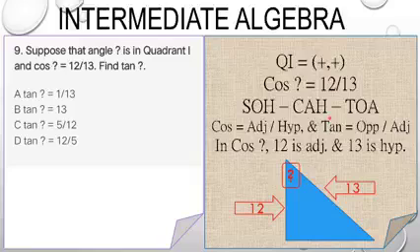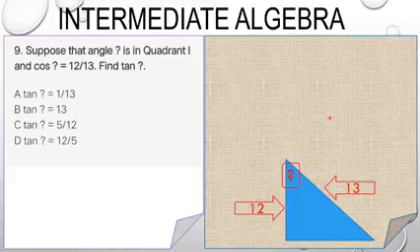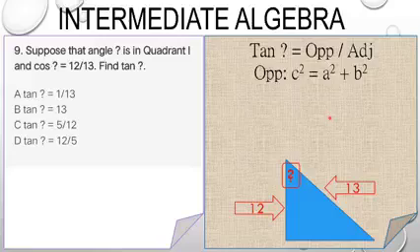Now, the question is, paano natin kukunin yan? Since this is a right angle triangle, gagamit tayo ng Pythagorean theorem. Recall also that Pythagorean theorem states that the square of your hypotenuse is equal to the sum of the squares of your two legs. That means, c squared is equal to a squared plus b squared. Kung saan yung c natin dito is the hypotenuse or the longest side, while a and b naman natin are the two legs natin.